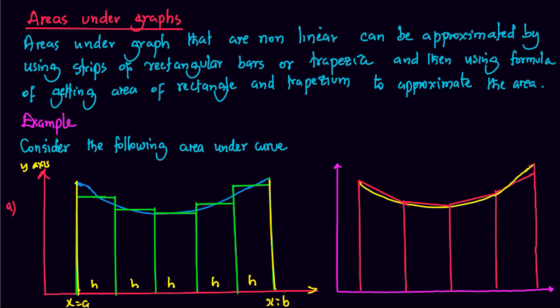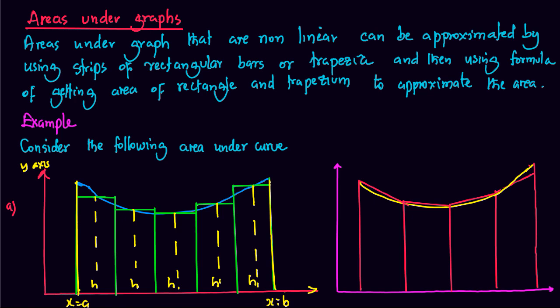So because rectangles are regular shaped, we can approximate this area by adding the individual areas of the rectangles, and this is what we call the mid-ordinate rule. We shall see it in details below.